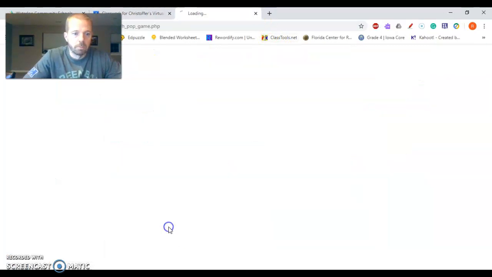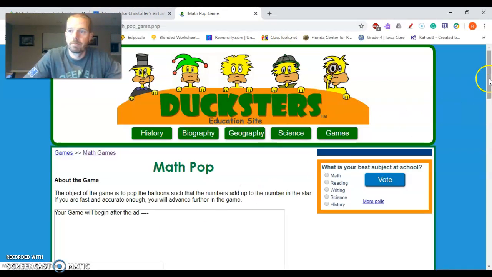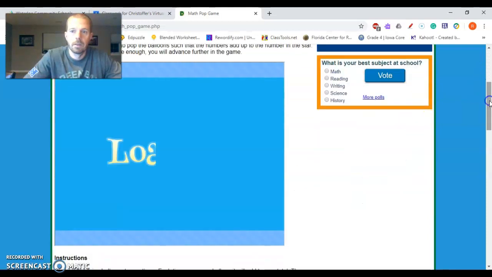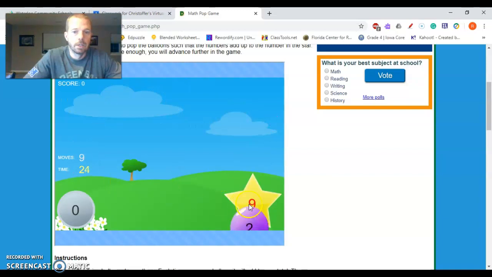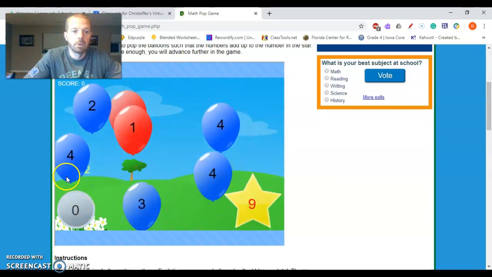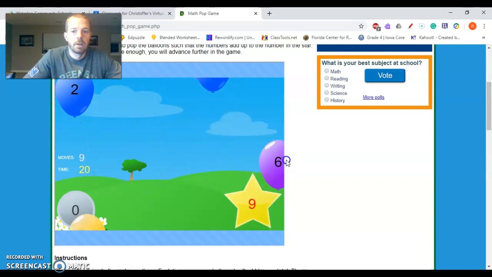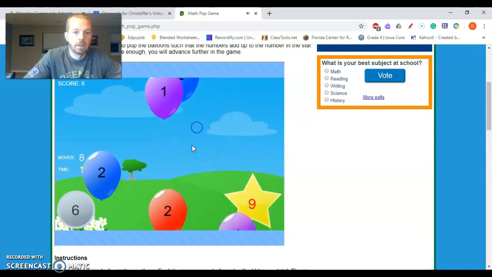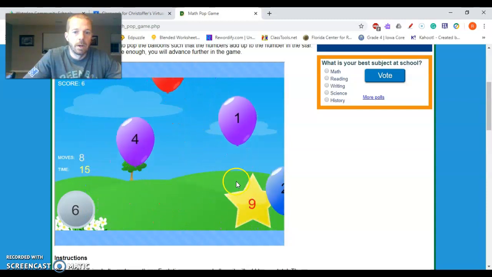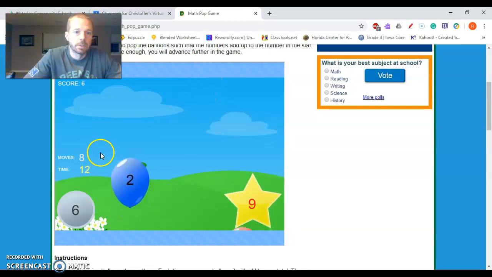And then the other one is called Math Pop. In this game, it gives you a target number, and as these balloons come by, you're supposed to click on them to add up to this number. But over here, you only get so many moves and so much time.